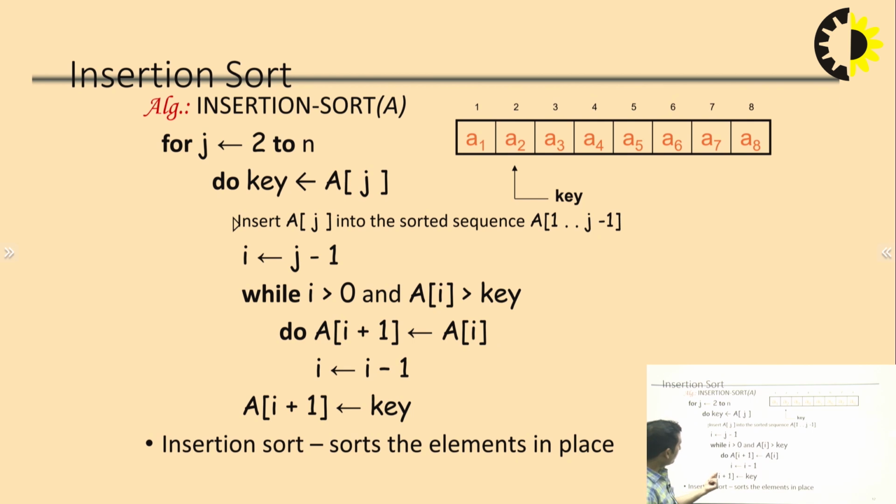We are keeping this key at the position i plus 1. So insertion sort sorts the elements in place. We are not using too much extra space. We are sorting elements in the original position. So this is an in-place sorting technique.